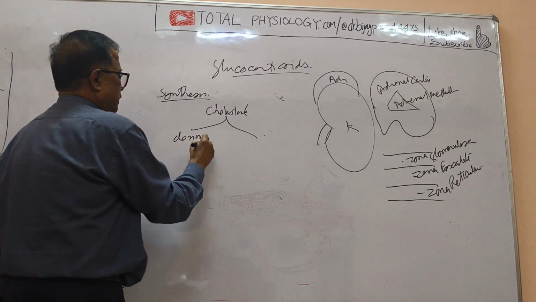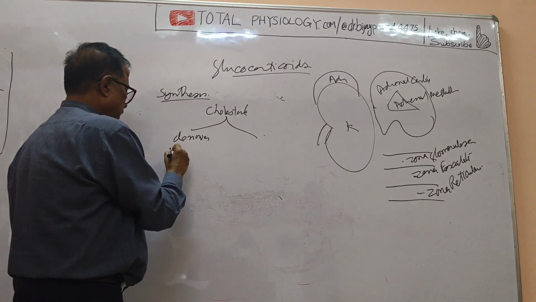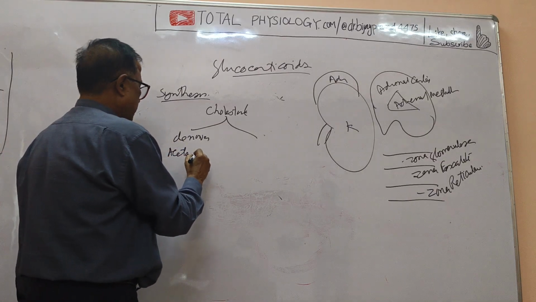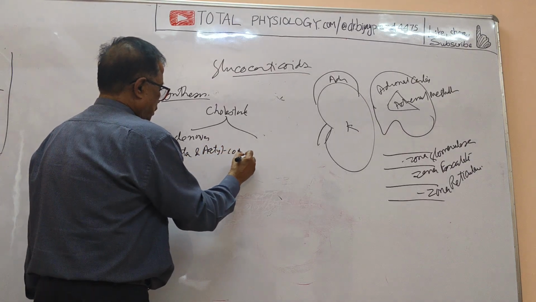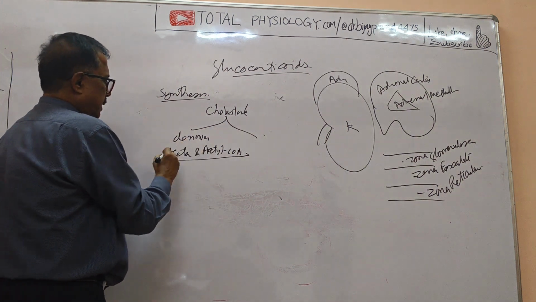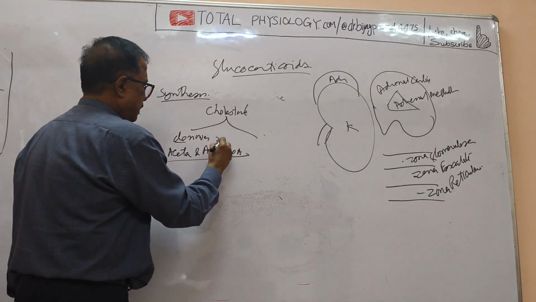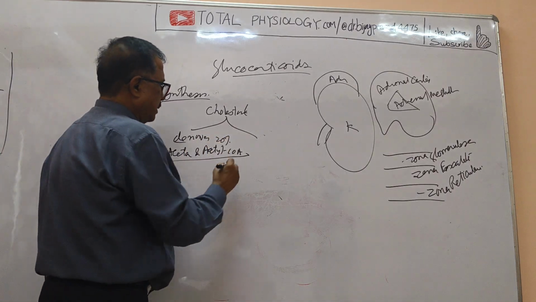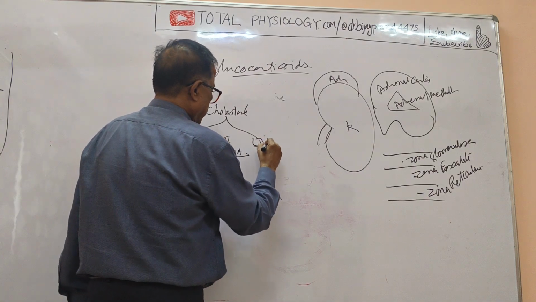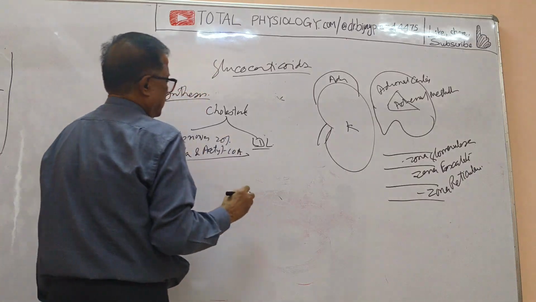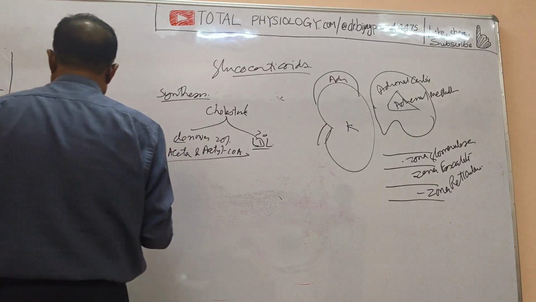De novo means the cell can form cholesterol from acetate and acetyl coenzyme A present in the cell, but it is only 20%. The main cholesterol comes from low density lipoprotein present in the circulation. 70% comes from this. This is synthesis.